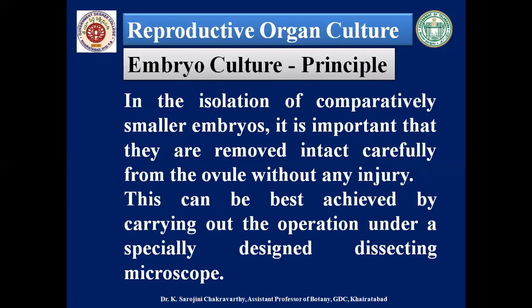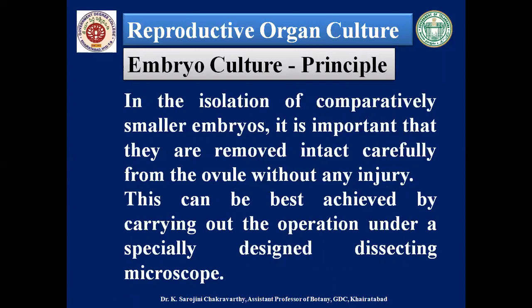In the isolation of comparatively smaller embryos, it is very important that they are removed intact and carefully from the ovule without any injury. We have to keep this in mind while taking out the smaller embryos. This can best be achieved by carrying out the operation under a specially designed dissecting microscope.